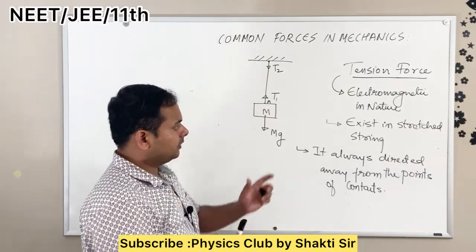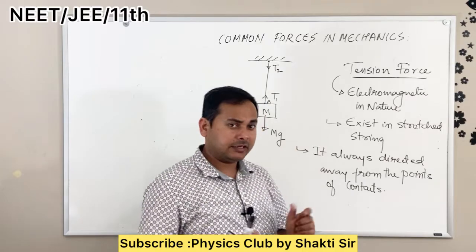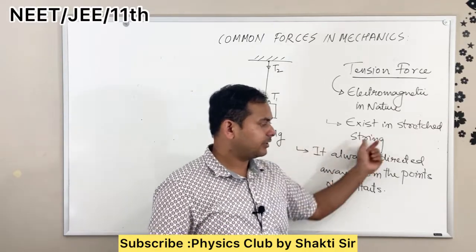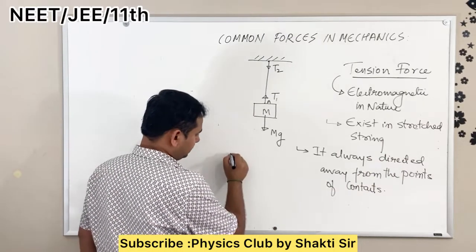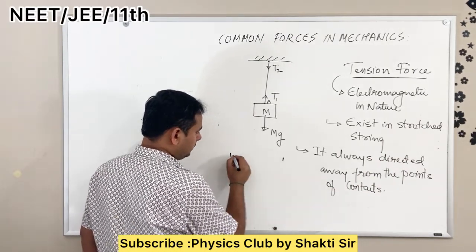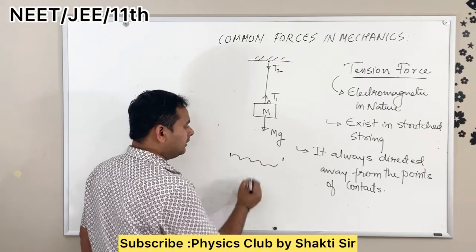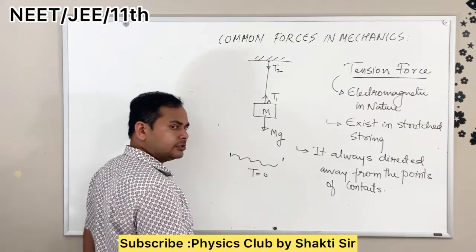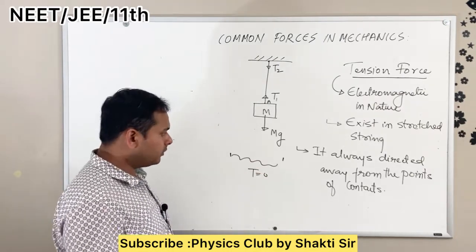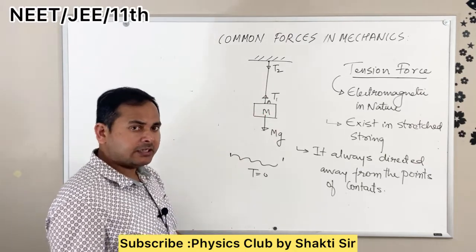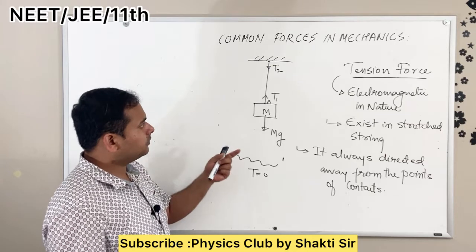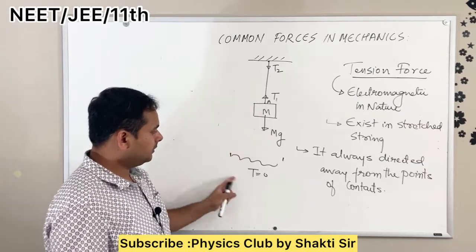Clear? This force is generated when the string is stretched. If the string is slack, something like this, then tension equals 0. There is no force, no tension. But once the string is stretched, this force automatically develops in the string.